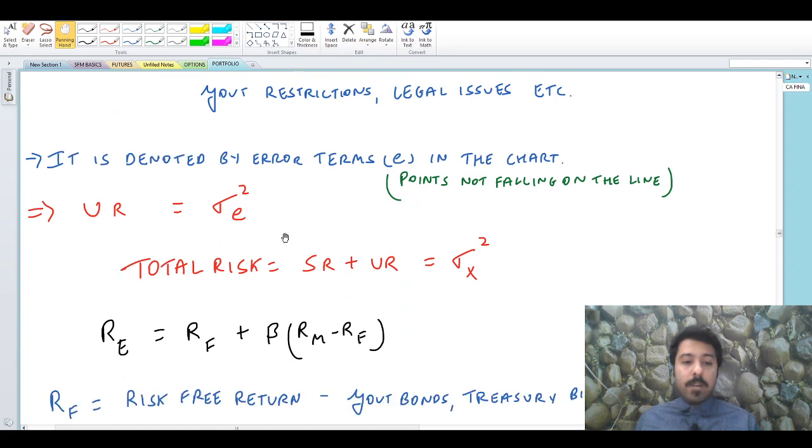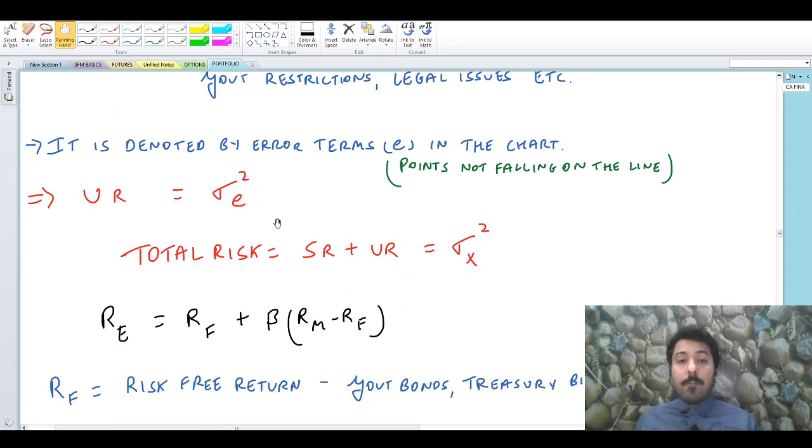So unsystematic risk is sigma square e. e refers to the error terms. So our total risk is sigma square x of stock x. Out of that, beta of x squared into variance of market is systematic risk. We have removed that component. So what is left? Those are the points falling on the line, beta relation. And what is left? Points not falling on the line.